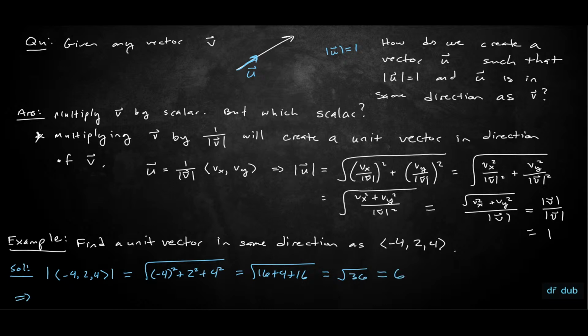So then our unit vector u is going to be 1 over 6 times the vector -4, 2, 4, which is the vector -2/3, 1/3, 2/3.